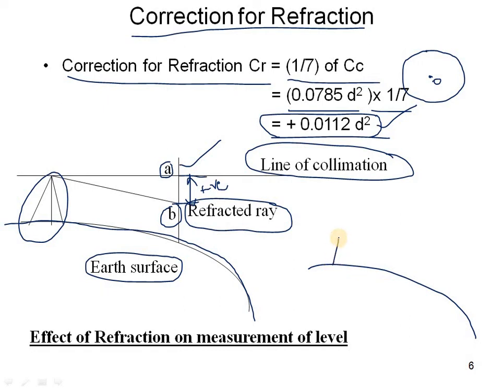If we keep the instrument on a position, this is A, suppose here it is B, so our staff is in an inclined position. This is the earth surface, so the staff will be standing like this. With our naked eye we think the earth is a flat surface, but it is not, it is like this.